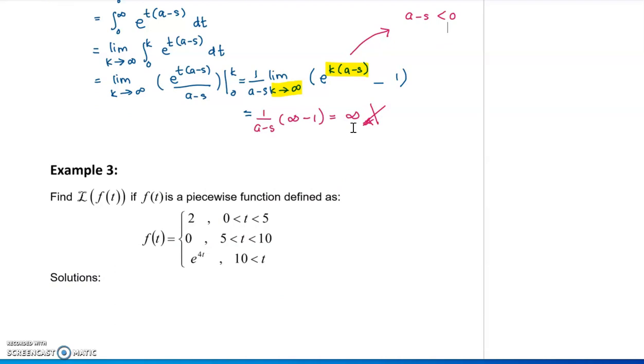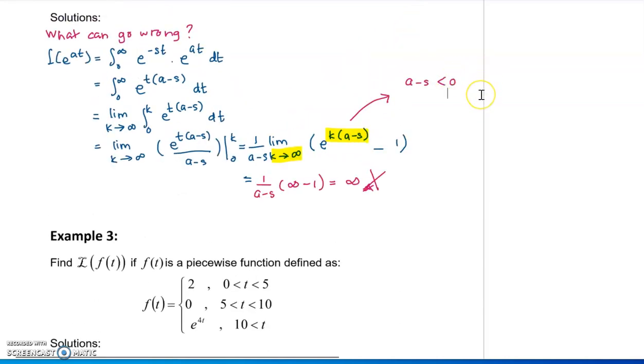So in order to have the solution, the a minus s here needs to be negative, so that we have e to the power negative infinity, which is 0. In this case, a minus s is less than 0, so it means s must be greater than a.